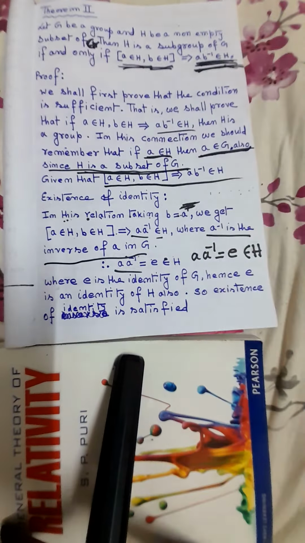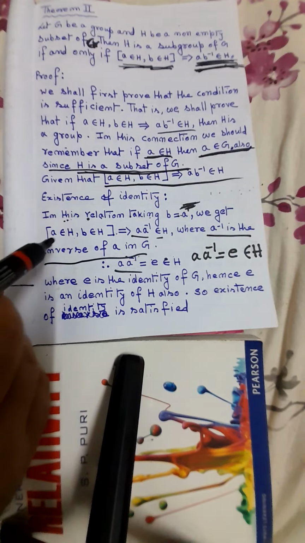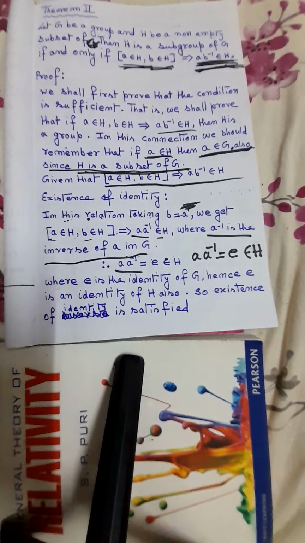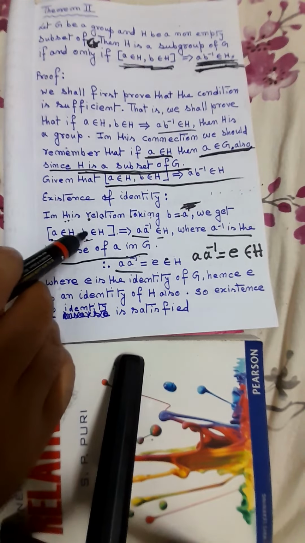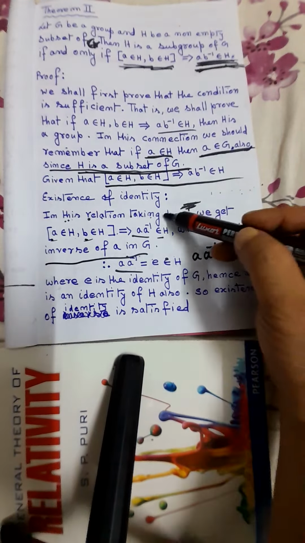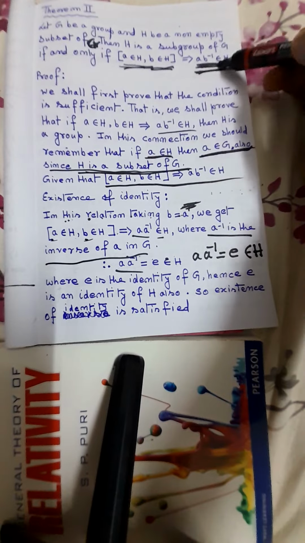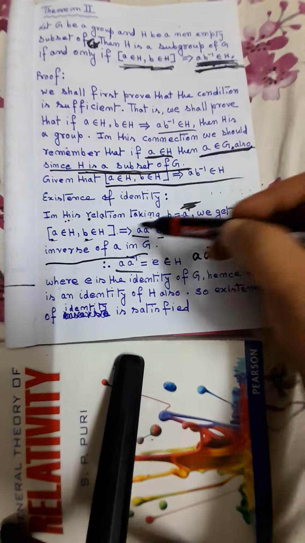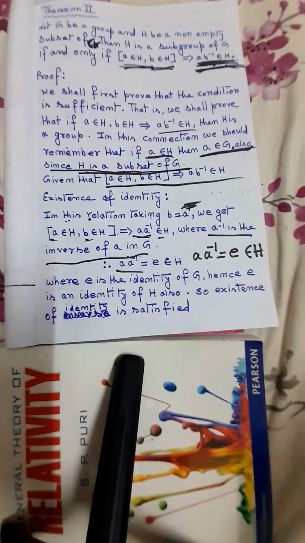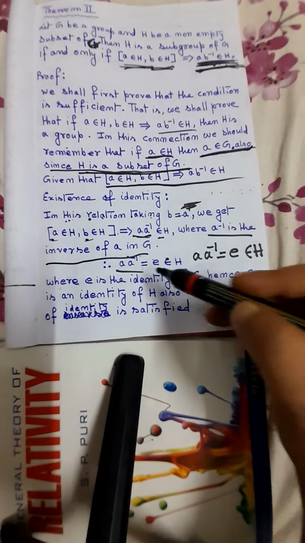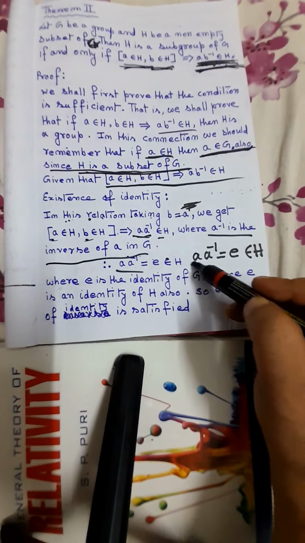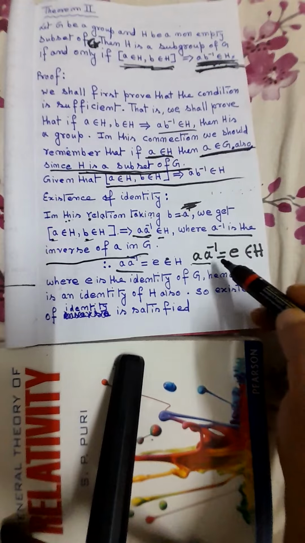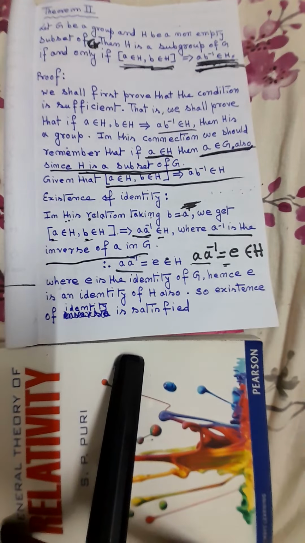This condition is already given, that A B inverse belongs to H. So if we have two elements A and B, and we consider B equal to A, as per this condition what do we get? A inverse belongs to H, where A inverse is the inverse of A in G. If we do the binary operation of A with A inverse, we get E, the identity element.